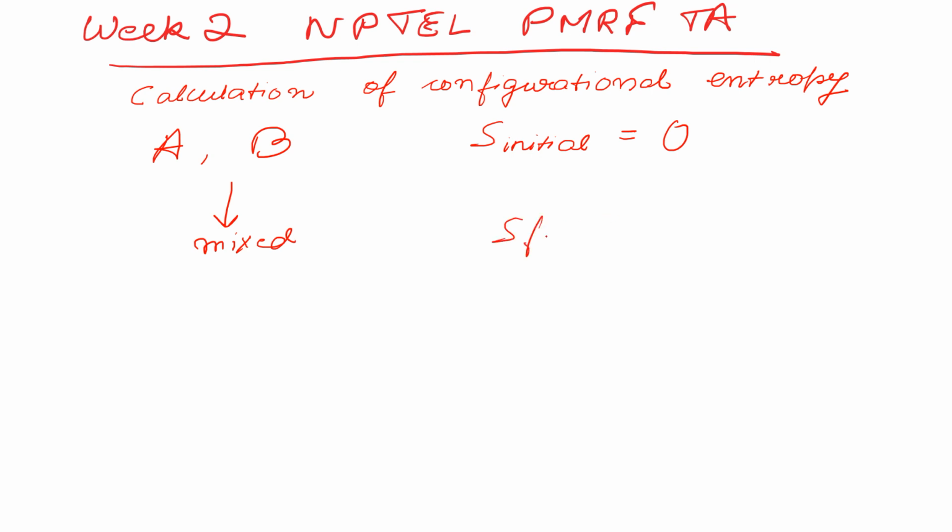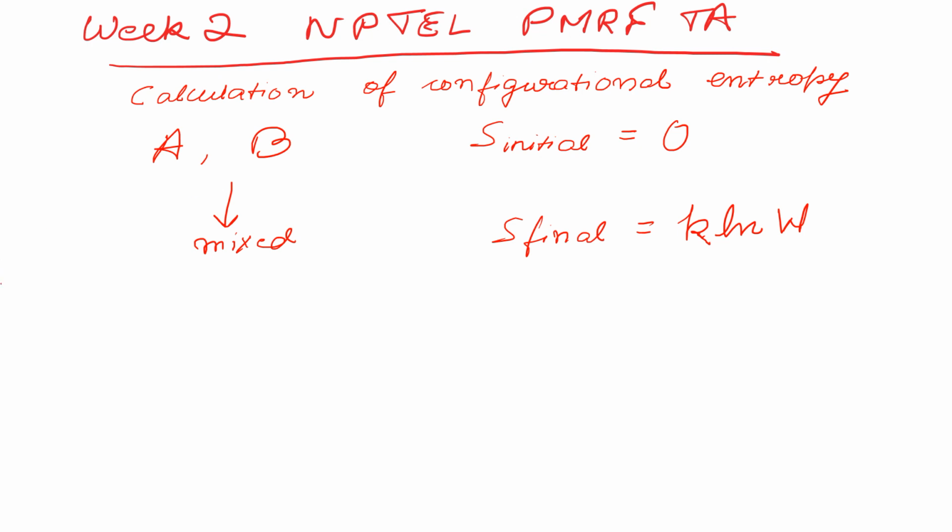However, after we have mixed it, the entropy of the system is calculated according to the Boltzmann equation, wherein we take the number of possible microstates of the system for a given macrostate and apply it in this formula, where k is the Boltzmann constant and W is the total number of configurations, or microstates, possible for a given macrostate.